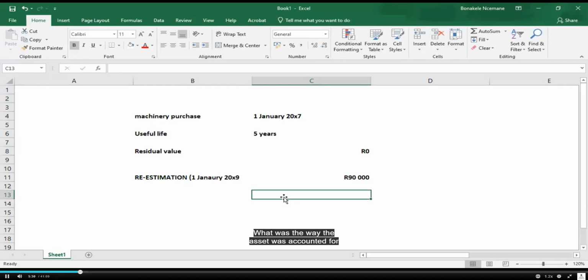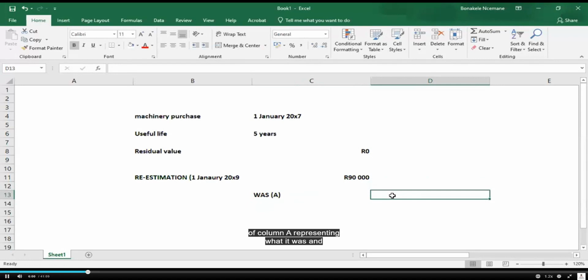In order to perform this calculation, we should have two columns: column A representing what it was and column B representing what it is.